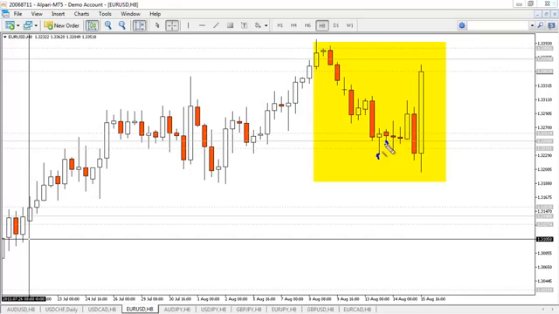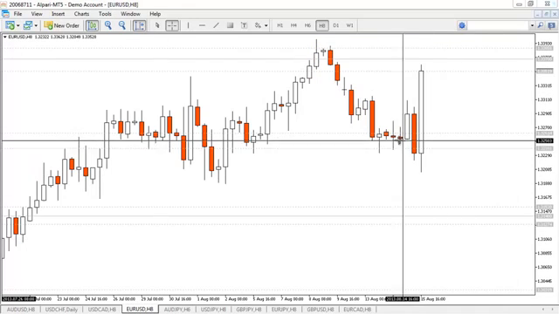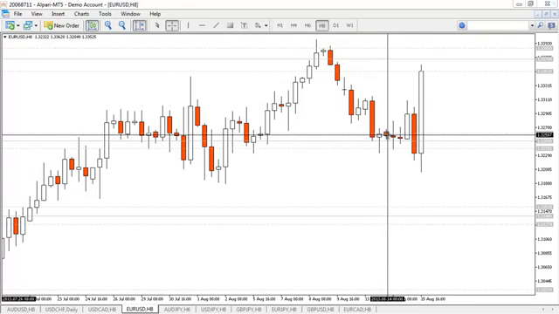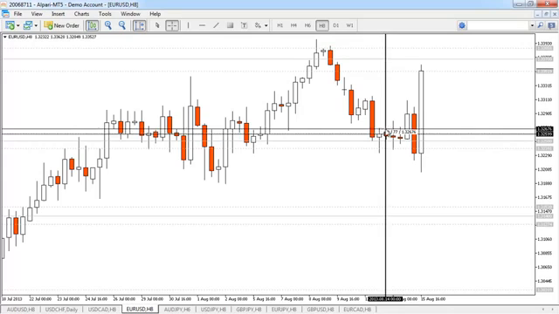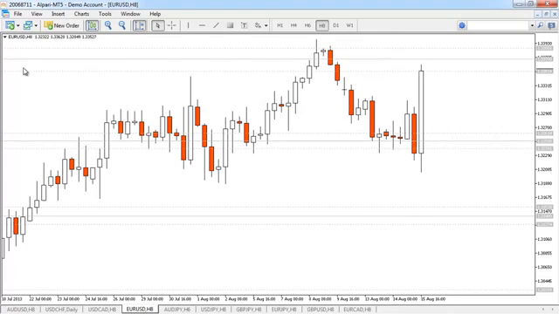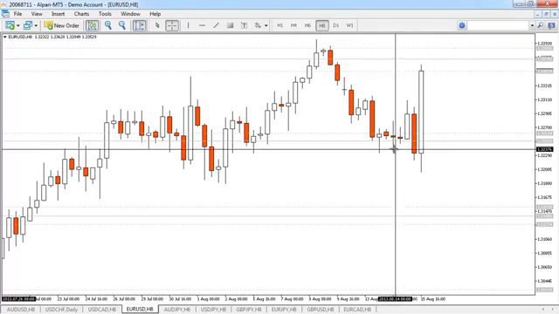We got 1, 2, 3, 4 indecision candles in this case, and the entry for this one wasn't at the top of the indecision candle because it was only 7 pips. It was a little close, so the entry was roughly here.